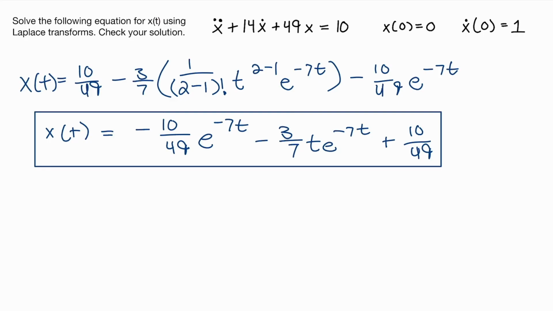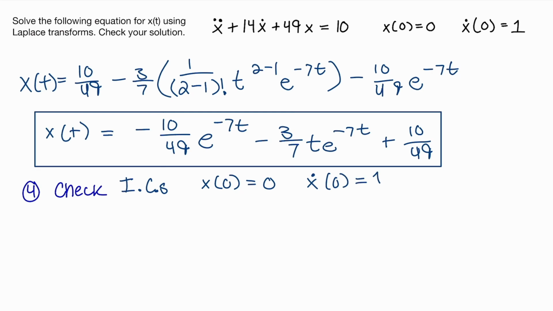And so now all we have left is the last step, step 4, which is to check. First of all, we'll do the initial conditions. We know that x(0) equals 0, and we were also given that x dot of 0 equals 1. So now we're just going to plug this into our x(t) equation. First I'm going to start with x(0).